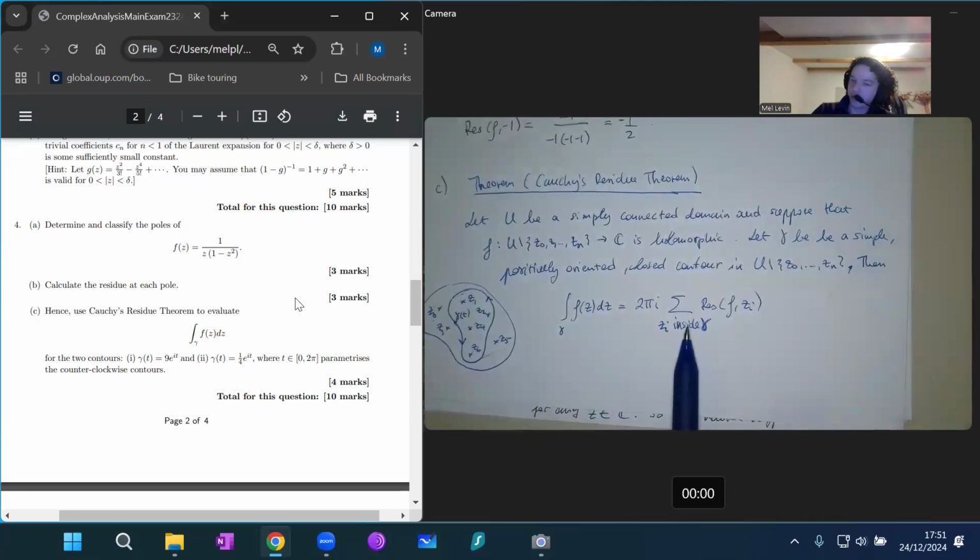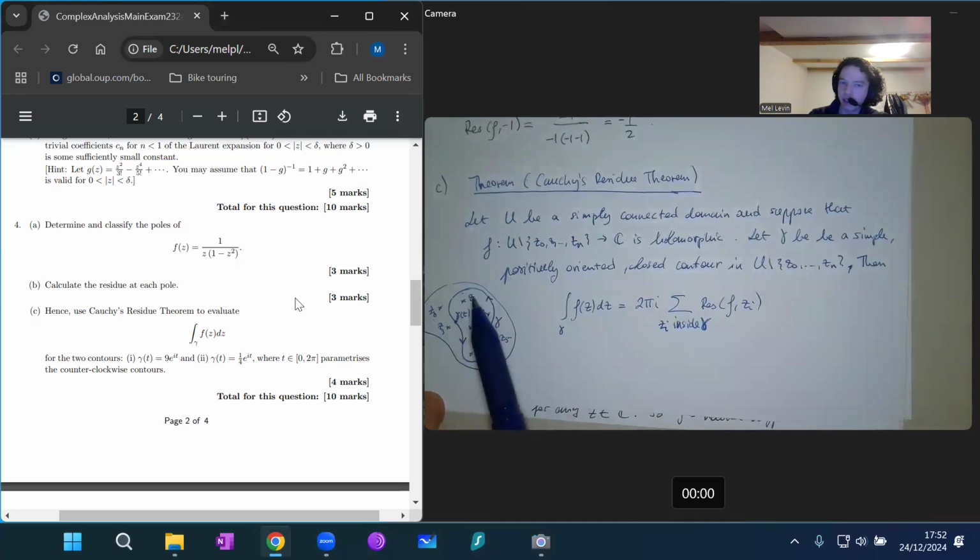So for example, the integral of f over this contour gamma is going to be 2 pi i times the sum of the residues at z1, z2, z4, and z6.